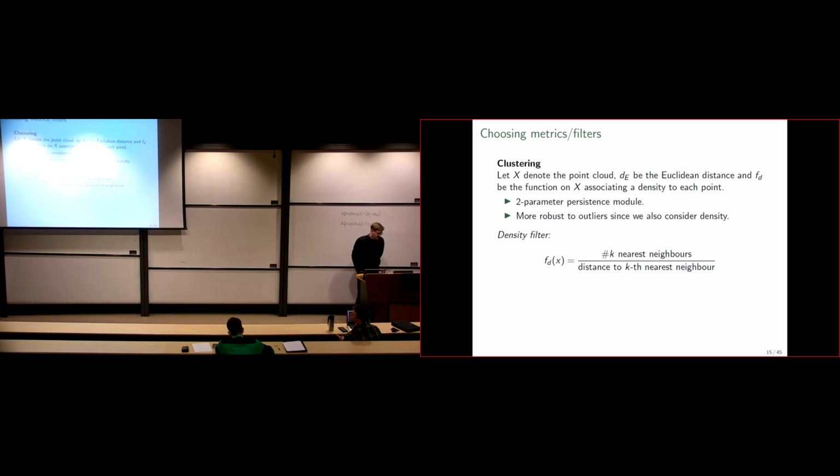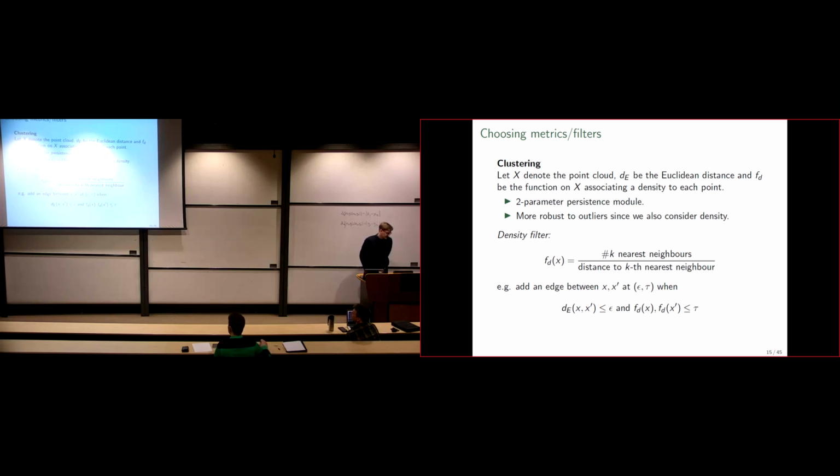And so if you think about it in terms of density, this would just be a sphere around your point, and the density is like how big this sphere is for this specific value of k. And that would produce a measure of density.